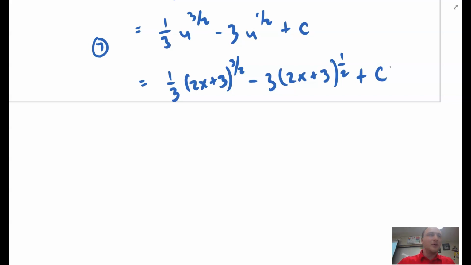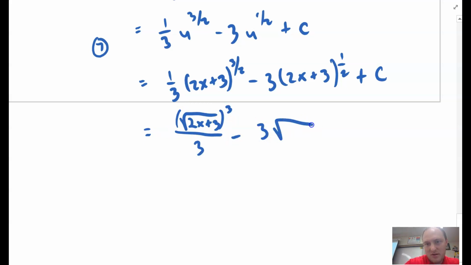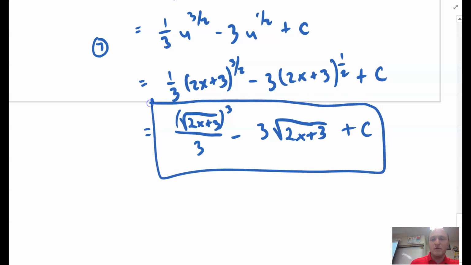But I kind of want to go ahead and rewrite it because I'm crazy. This is 2x plus 3 cubed divided by 3 minus 3 square root 2x plus 3 plus c. That is beautiful. There it is.